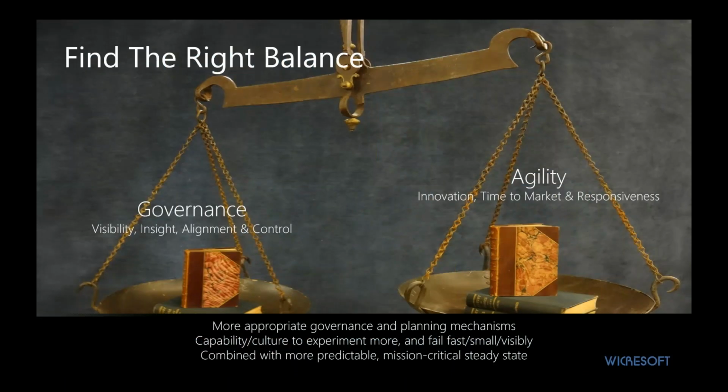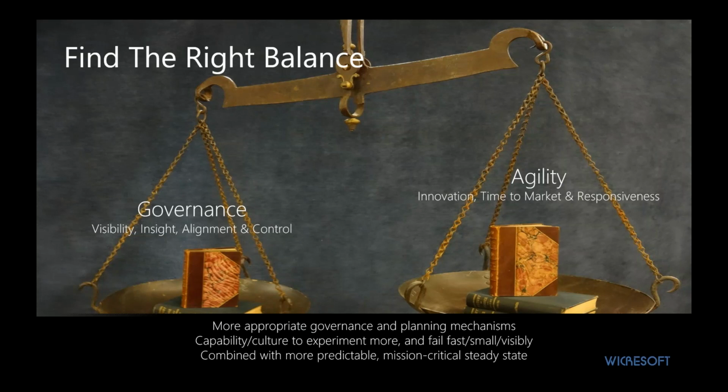So you need to find the right balance between governance provided with an enterprise project management solution, such as Project Online, and agility, offering the flexibility to the teams that are delivering on the work and tasks at hand, using the tool that they're most comfortable with, most suited to the task at hand.